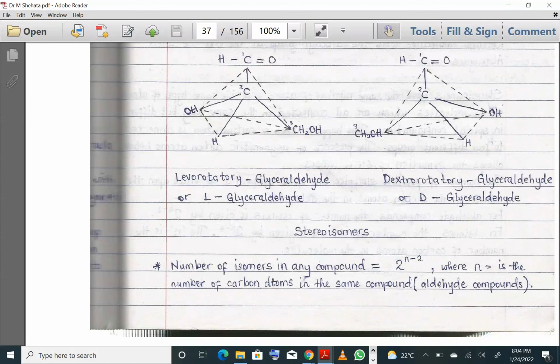So if you've got a carbon atom that is attached to four different groups, then that's a chiral carbon, or in other words you can call it an asymmetric carbon. Those are some of the conditions that you need for you to have stereoisomers.